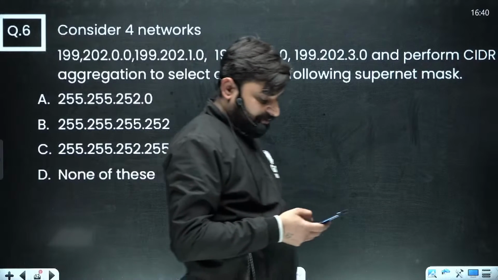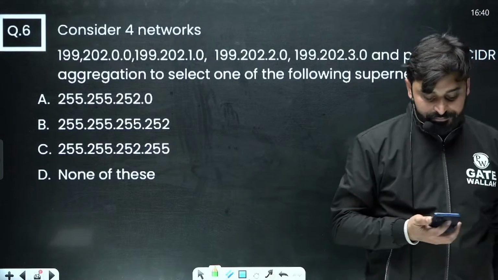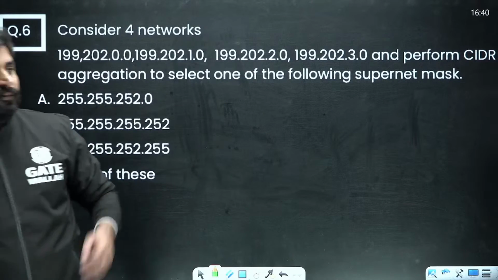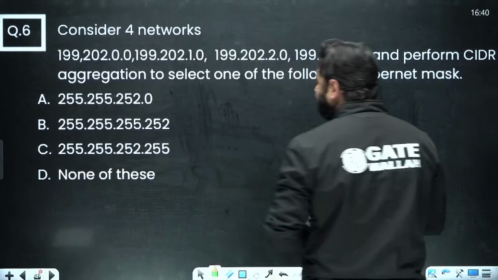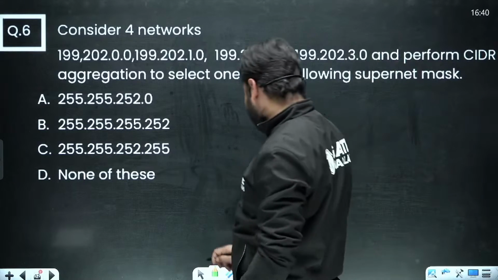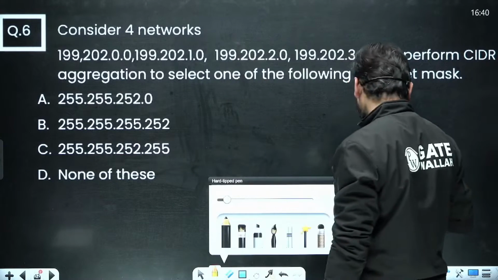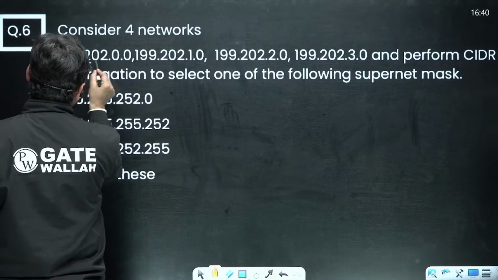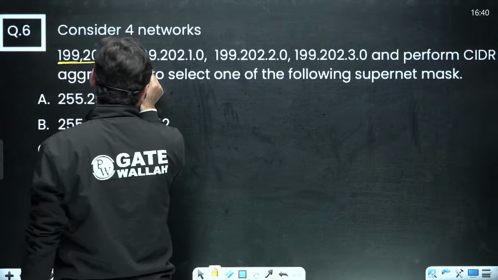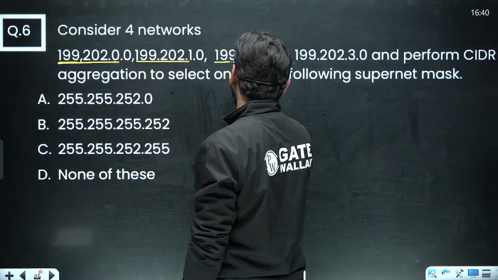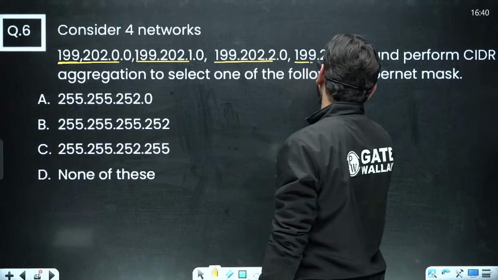Question number 5. This is 199.200.0.0. It is class C, so for continuity we have to focus only on the third octet: 0, 1, 2, 3.